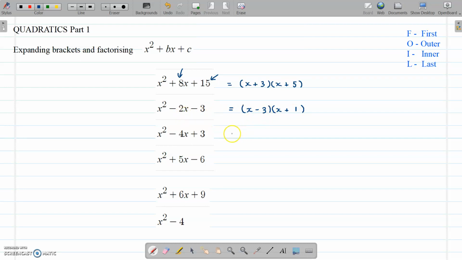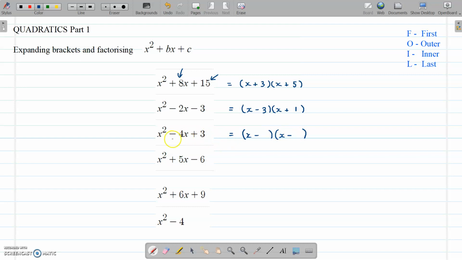Because when we multiply those together, we get -3, and when we add -3 and 1 together, we get -2. Okay, in the third one here, we are going to look for factors of 3 that add up to -4. Now, in this case, they both must be negative. Okay, and the reason for that is that two negatives multiplied together make a positive.